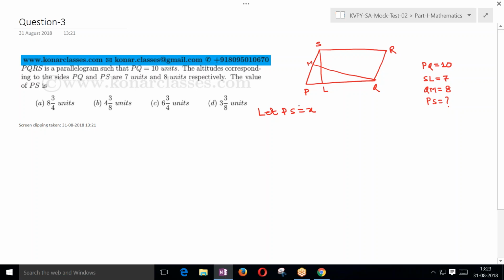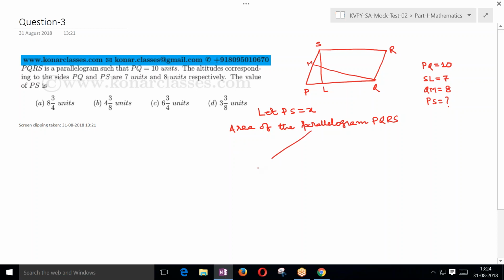What is the area of the parallelogram? The area of the parallelogram PQRS, there are two ways you can calculate it.